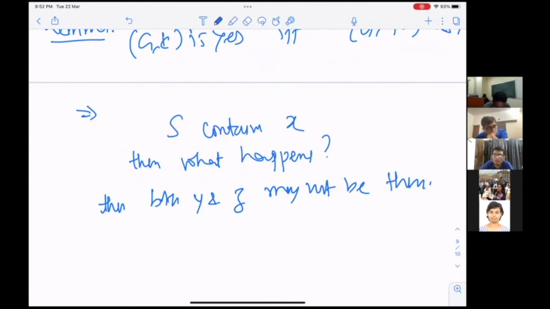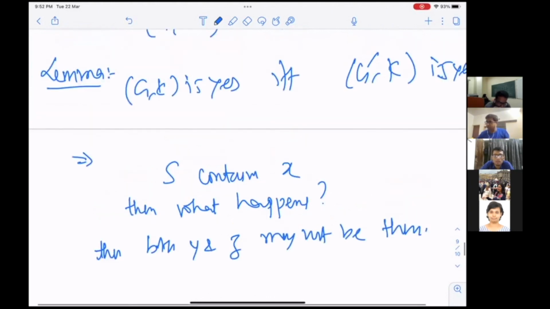Suppose y is not in the vertex cover; then we can replace x by y and it will still be a vertex cover. I'm not understanding what you are saying. Take the opposite case, where S doesn't contain x. Then it contains YZ. We have to prove it.